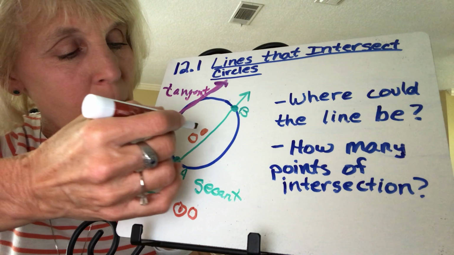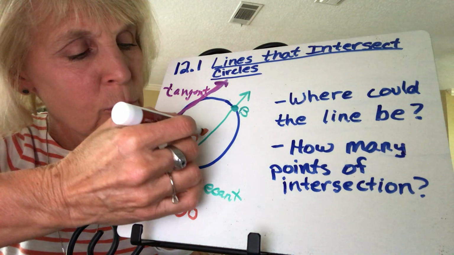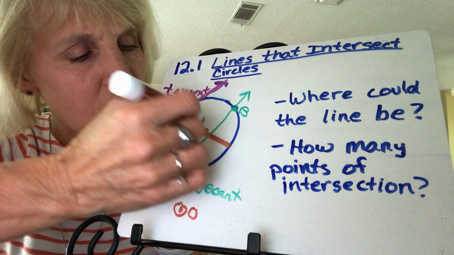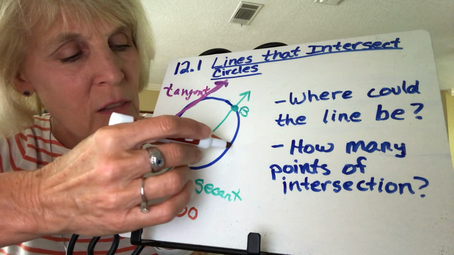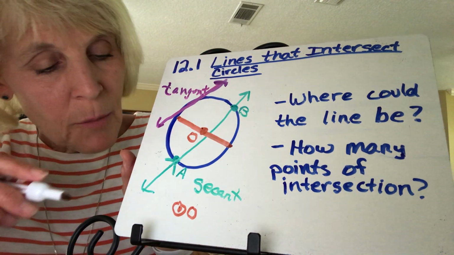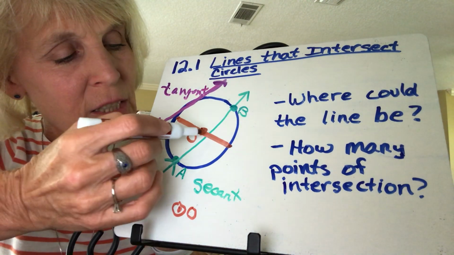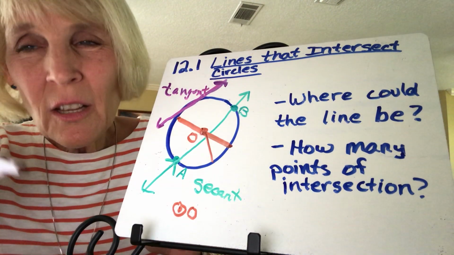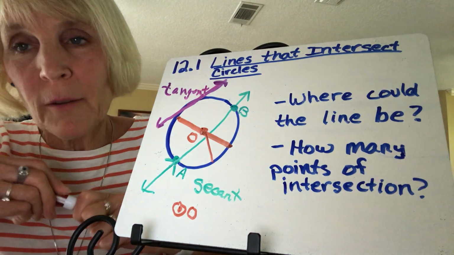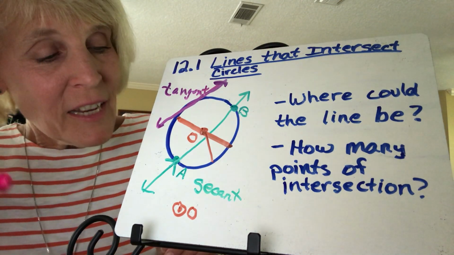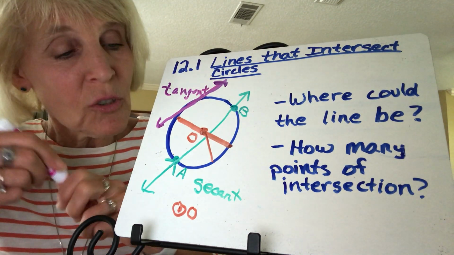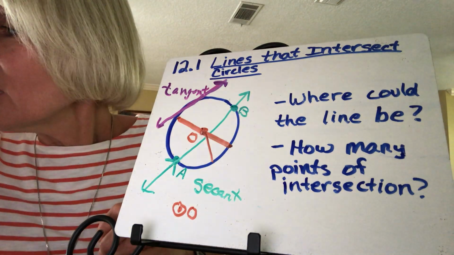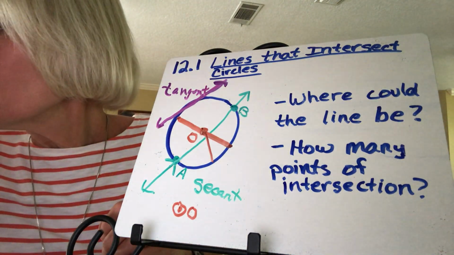Remember that a diameter goes through the center of that circle and connects 2 points on the circle. So that would be a diameter. Remember, a radius comes from that center O and comes out. So we still have all those things that we've had before. Okay? The radius is actually a special segment because it goes right through the center of the circle.